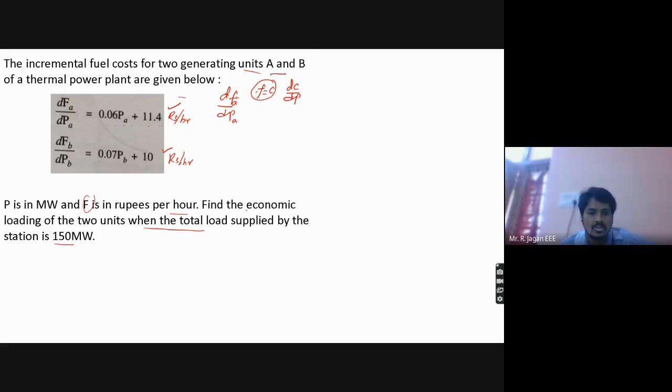Now the total load given is 150 megawatt of power. We need to allocate this load to the two alternators. That is nothing but economical load scheduling. So the question asks to find the economical load scheduling between two units. Let us do that.